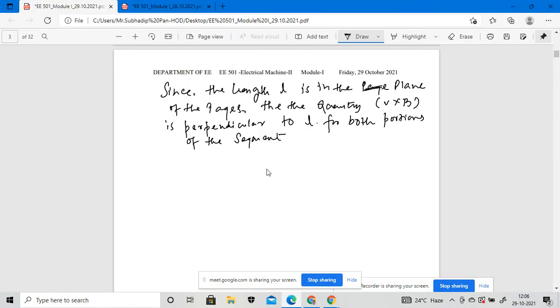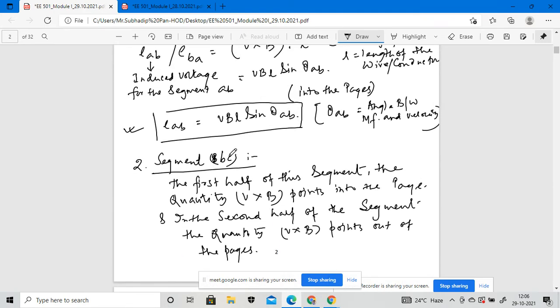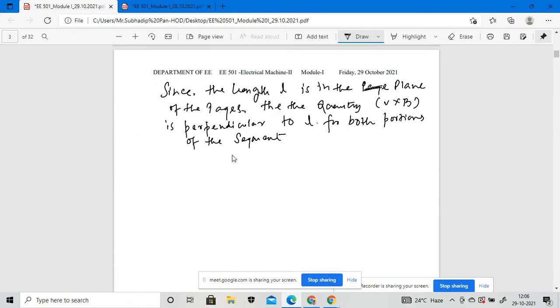Therefore the voltage induced for the particular segment will be zero, as it is perpendicular, sine 90 if we consider it. So for that case, the induced voltage in segment BC will be zero.